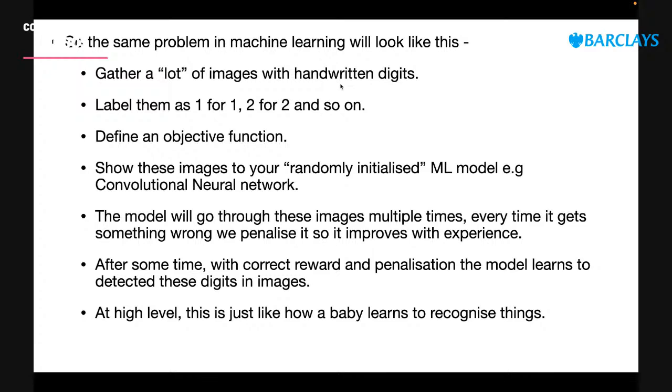If it gets the best solution, I'll reward it, and if it is taking a longer way, I'll penalize it. It will be punished until it gets the best solution. This is how a baby learns, so that's how our machine learning model also learns.